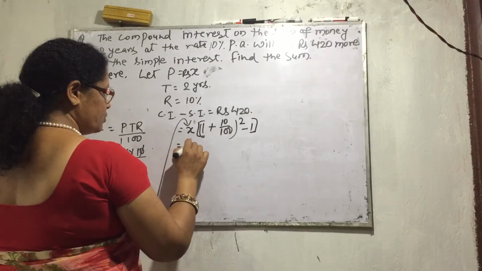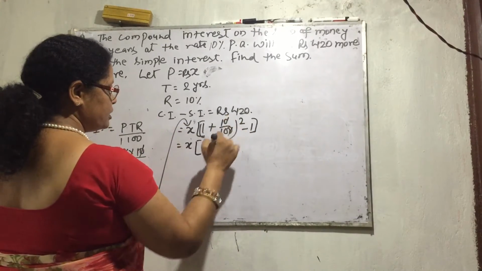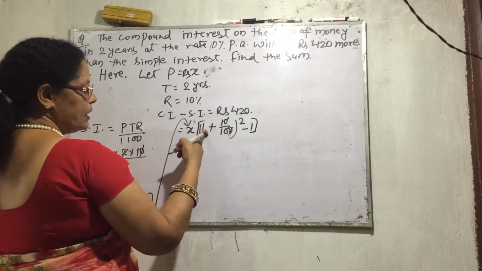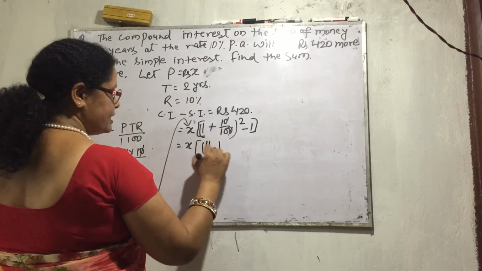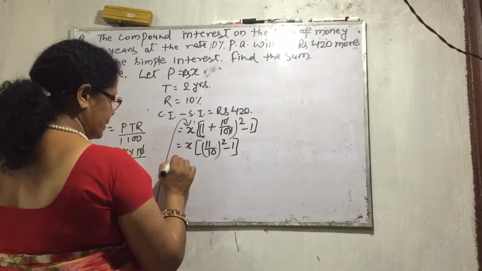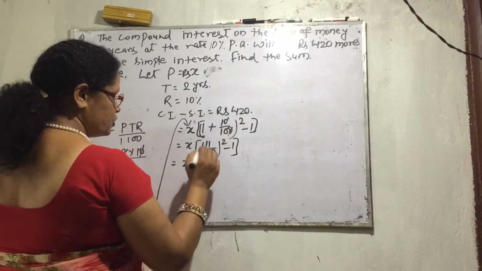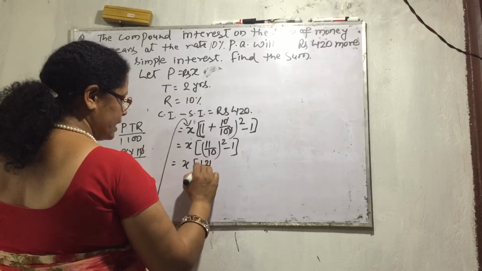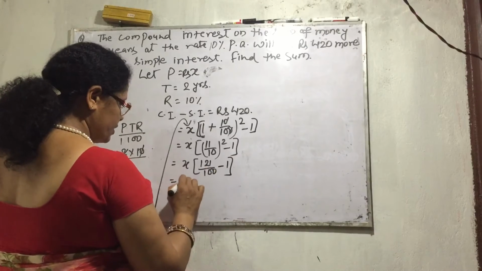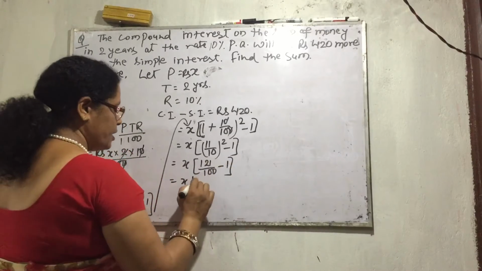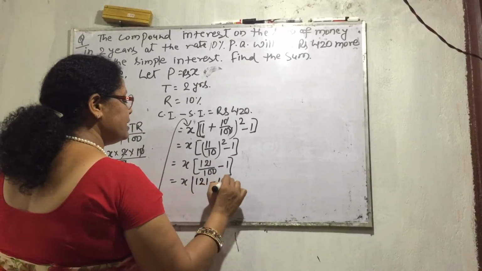Let's solve this. We will get X into 10 cancel, 10 1s are 10 and 1 is 11. So 11 by 10 its power 2 minus 1 equal to X into 121 divided by 100 minus 1 equal to X into 121 minus 100.